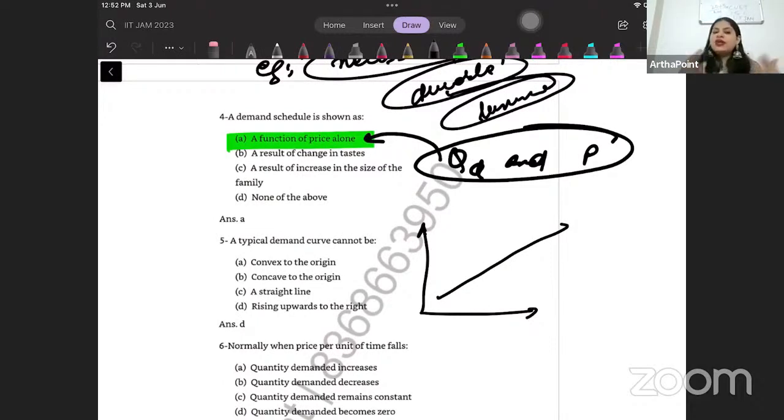Demand curve is usually downward sloping. So answer is B. It cannot be rising upward to the right.